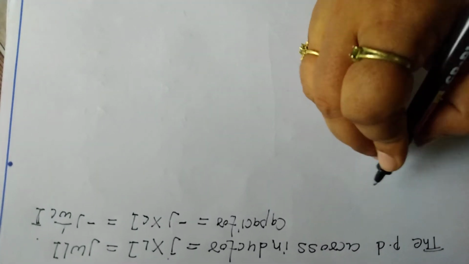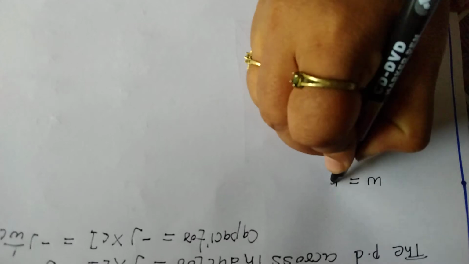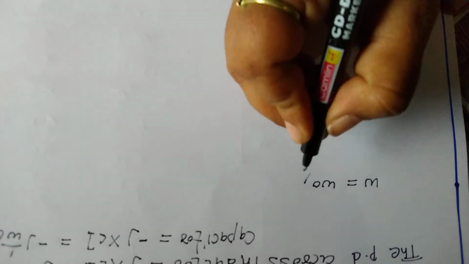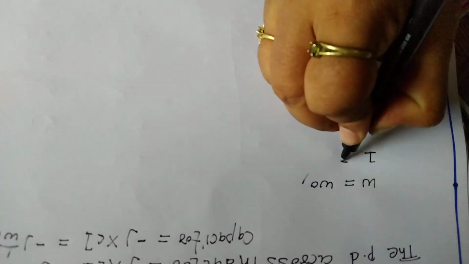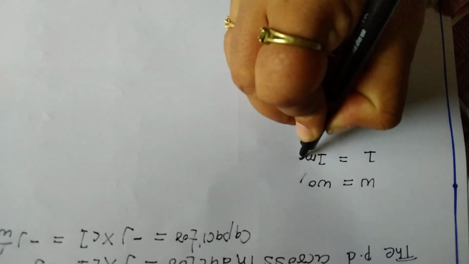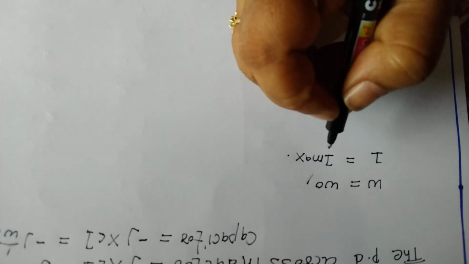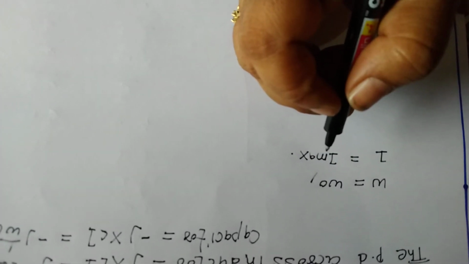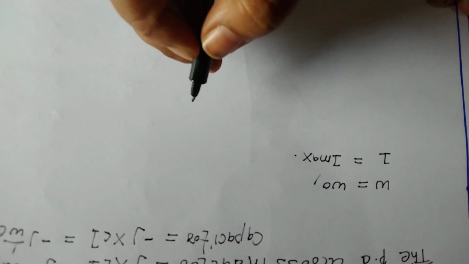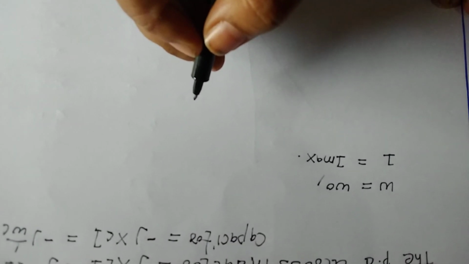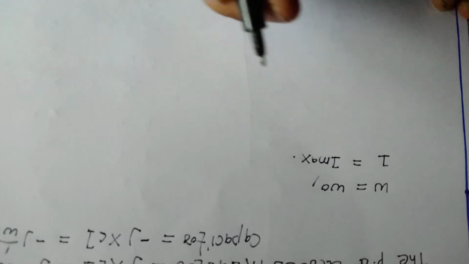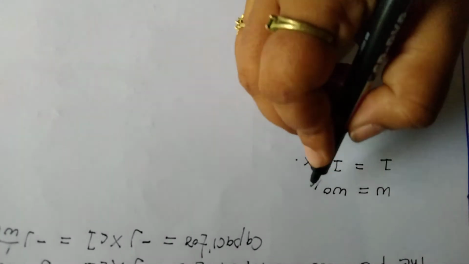At resonance frequency, omega is equal to omega naught, and current I is equal to I maximum. The potential differences across the inductor and capacitor become equal and opposite to each other under the resonance condition.